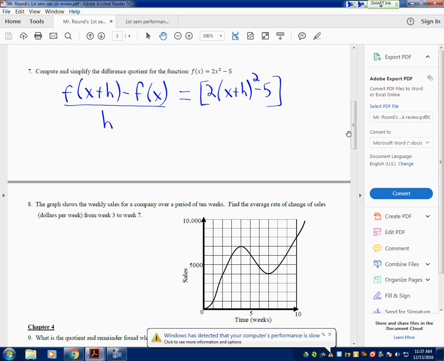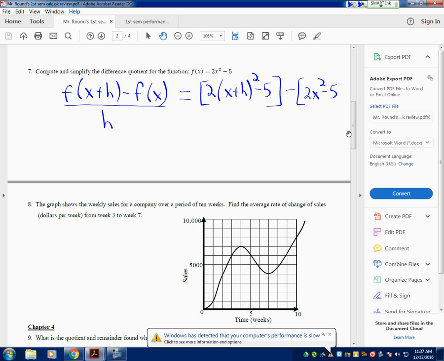That's the first part of the formula. Minus. Okay, f of x, it's just the 2x squared minus 5.